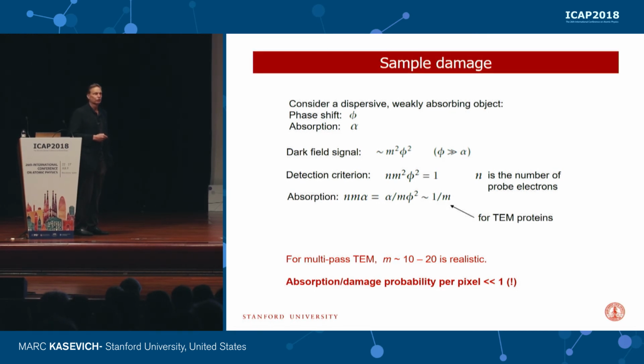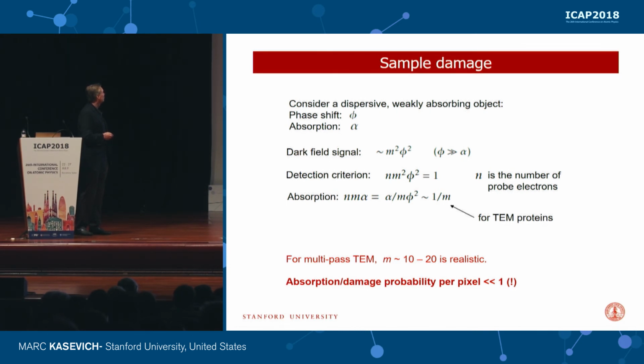And so if I can go through the object m times, that signal becomes m squared times brighter. If I say I want to detect that object, I need to have the detection probability on the order of unity. That's my minimum threshold. So I need to send enough electrons through so that this product is equal to 1.